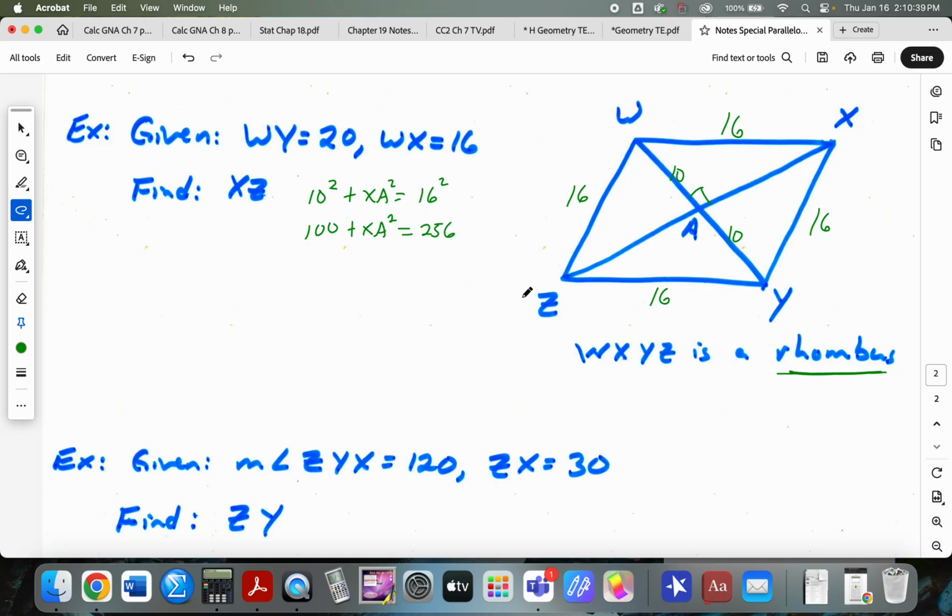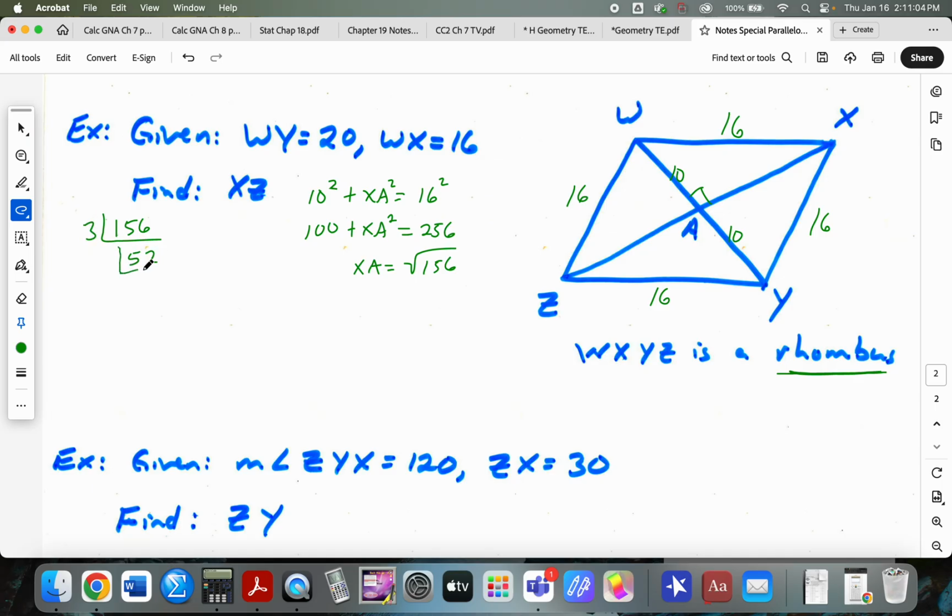Peter, are you with us? So XA, when we subtract and take the square root, is the square root of 156. I'm going to divide that by 3 first.